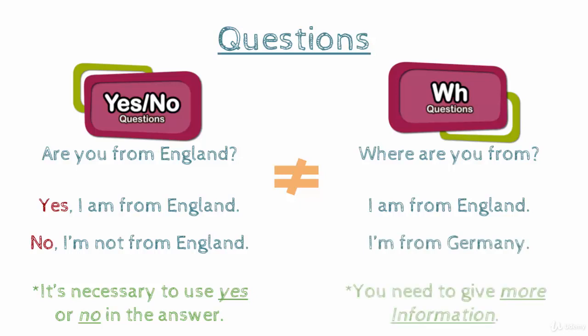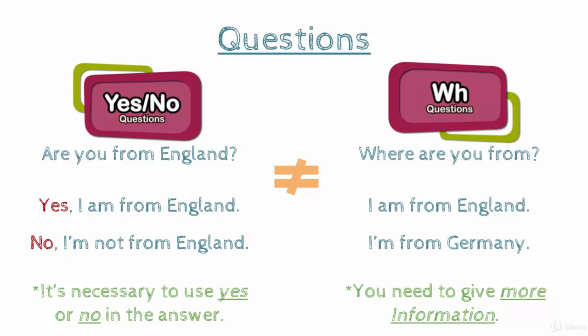You see, you need to give more information. In a WH question, it's impossible to say yes or no in the answer. You need to give a complete answer, and you have to give more information, okay?